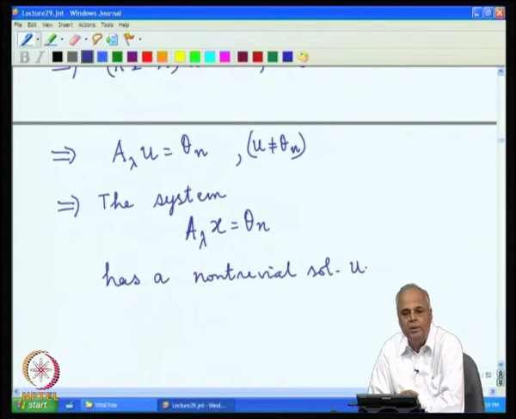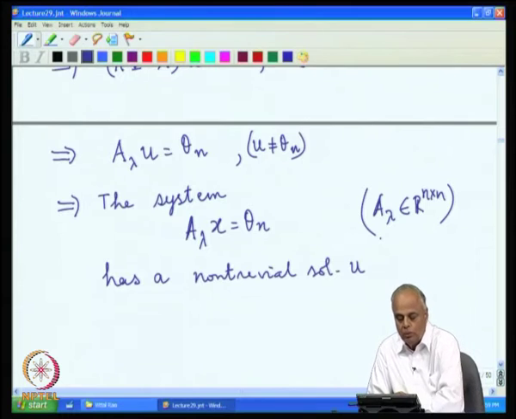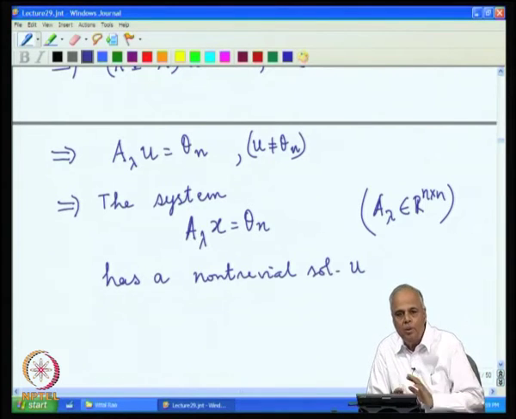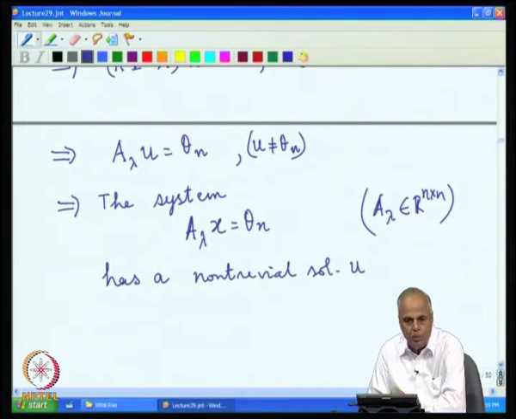Now, since A is real, lambda is real, and I is real, A lambda is also a real n by n matrix. So, this is a homogeneous system whose matrix is A lambda, and it has a non-trivial solution u.